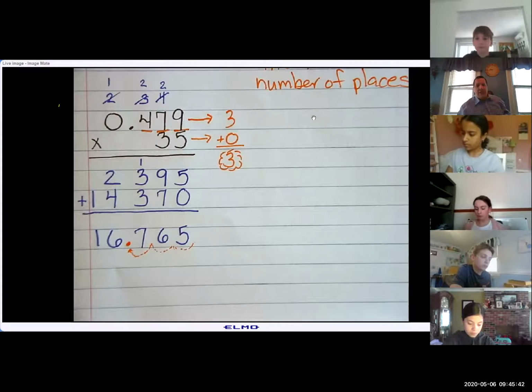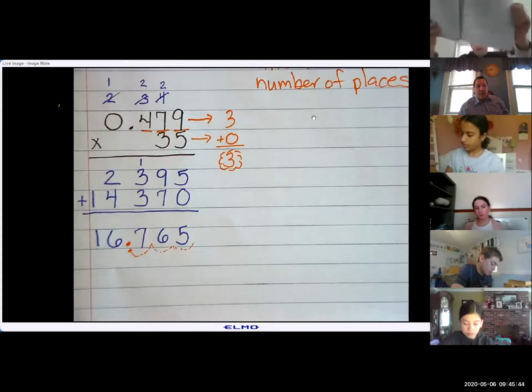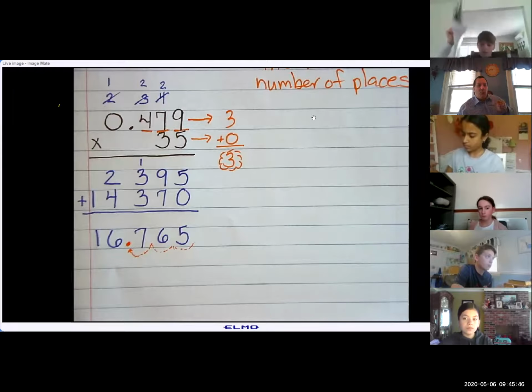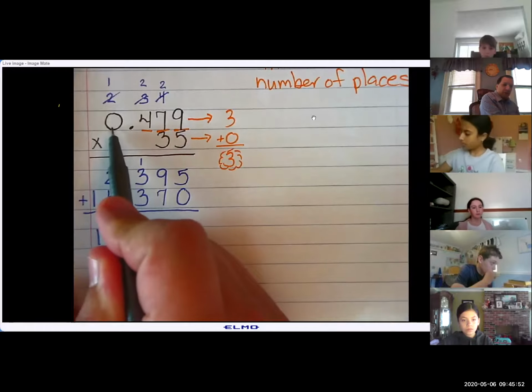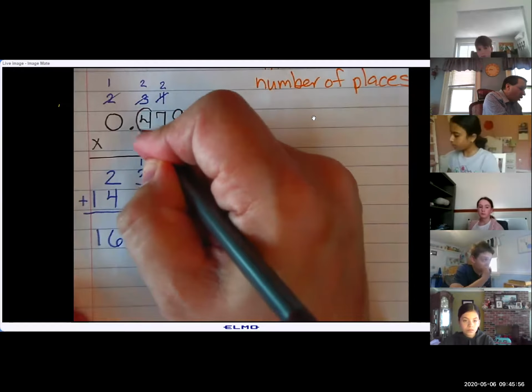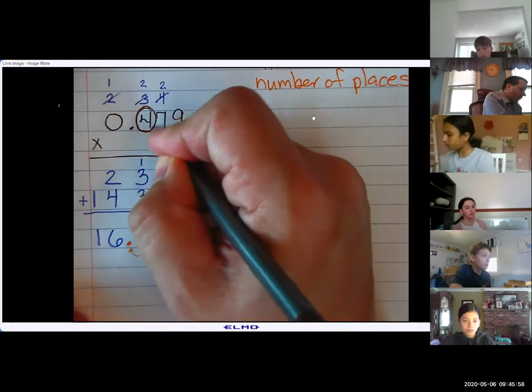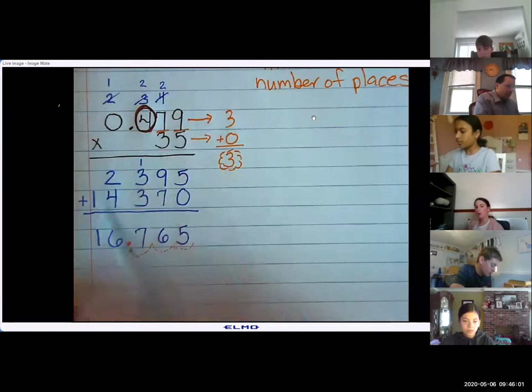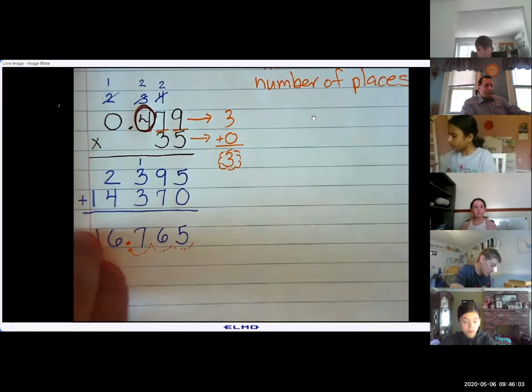If you were going to estimate this answer, what would you write? What I would do is I would look at my top number, 0.479, and you look at that non-zero place value. That's a 4.